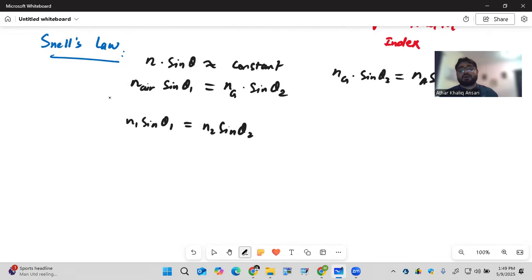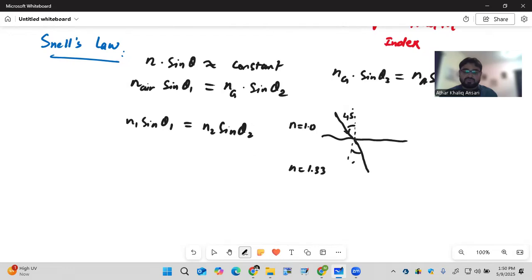For example, if a ray of light is entering from air to water, the air refractive index is 1.0 and the water refractive index is 1.33. If the incident angle given to you is, for example, 45 degrees, the refracted angle will for sure be less than 45 degrees.